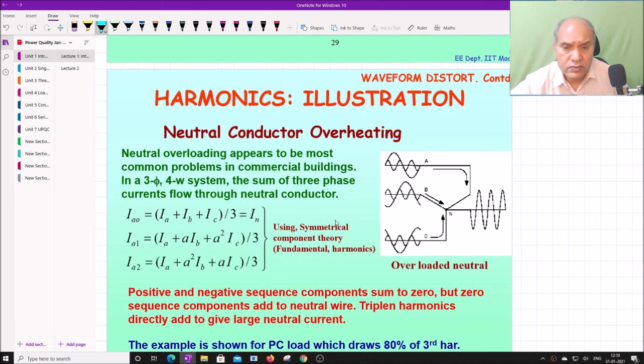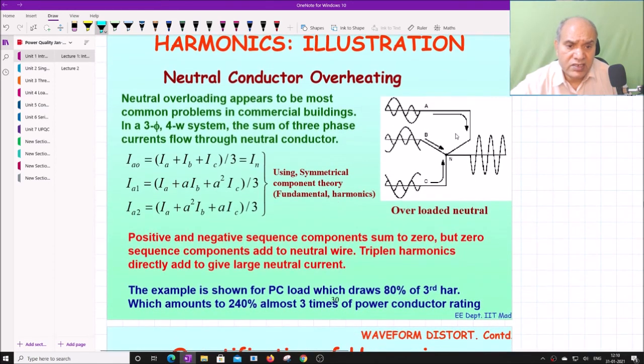This is an example of the neutral conductor overheating. As you see, since neutral carries the current, which is the sum of the three-phase currents, and this three-phase current normally, if it is balanced, becomes zero, but if it contains harmonics like third, fifth, and so on, then you will see that the third harmonic or triplen harmonics, which are multiples of 3, like 3, 6, 9 and so on, get added up, and which makes a very high magnitude for these triplen harmonics.